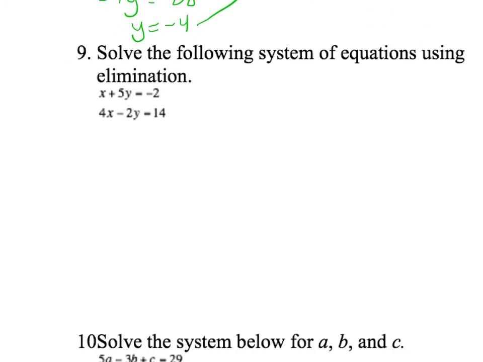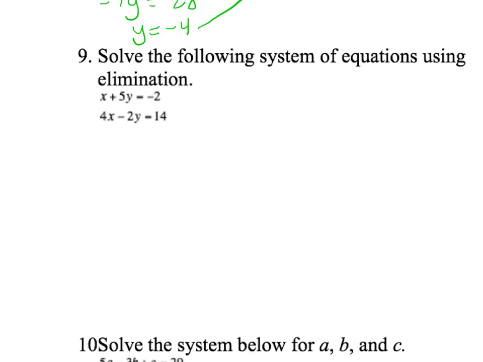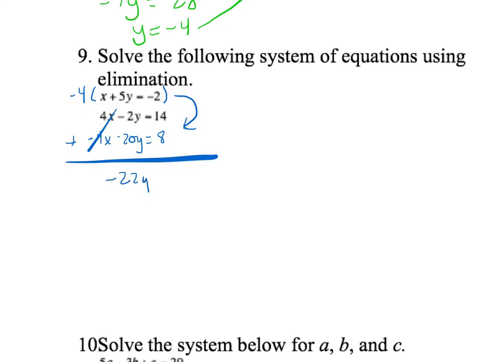We're going to do the same thing here, except we're going to use elimination. So to use elimination, we need to get rid of one of the variables. I'm going to multiply this top by negative 4. So I'll get negative 4x minus 20y equals 8. And then I'm going to add these two. So these cancel. I have negative 22y equals 22.